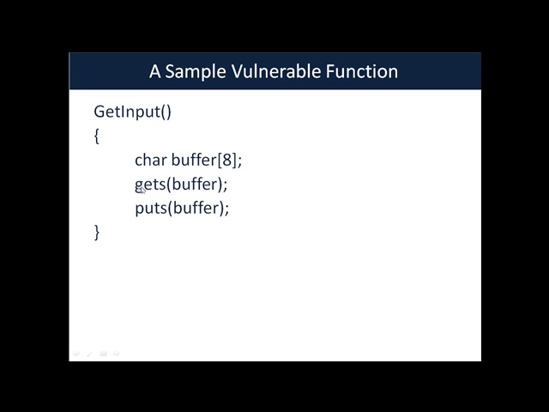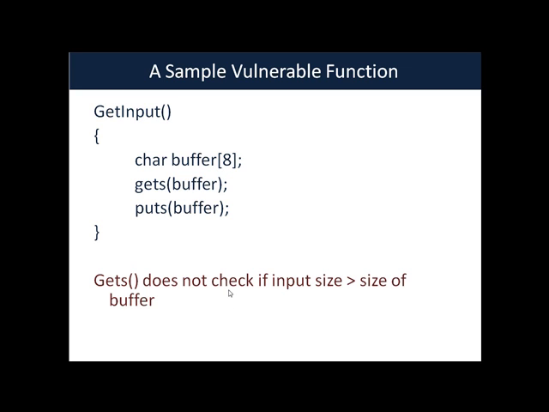Now, if you look at it, the gets function itself is very dangerous, simply because it does not check the size of the buffer variable into which it needs to write the user supplied data. So if the user supplies more than 8 bytes of data, then gets will still happily go ahead and write that onto memory, even though it overflows the size of the buffer variable.